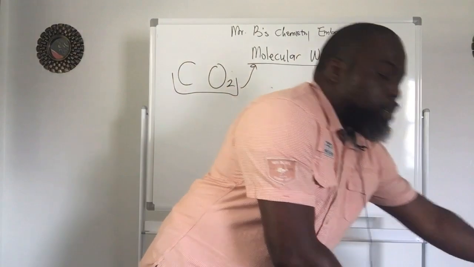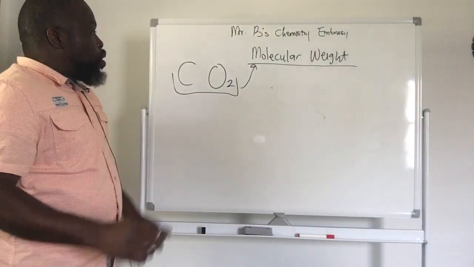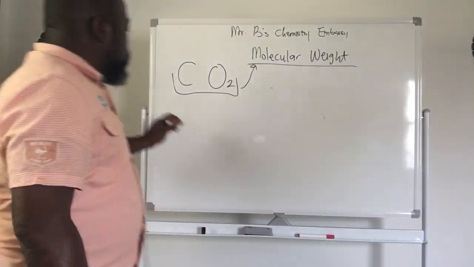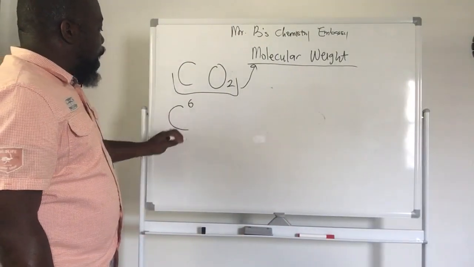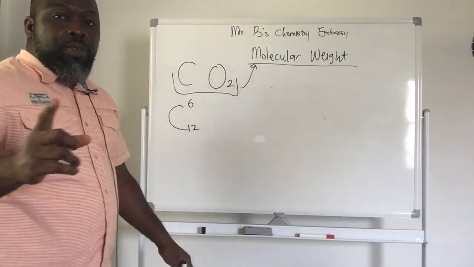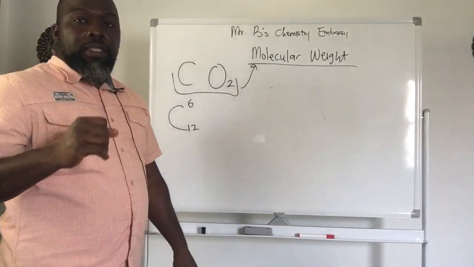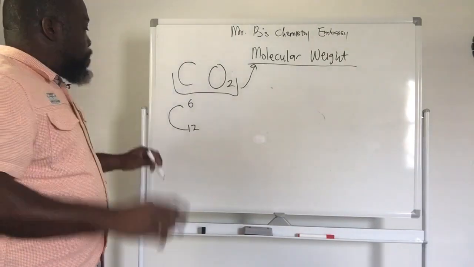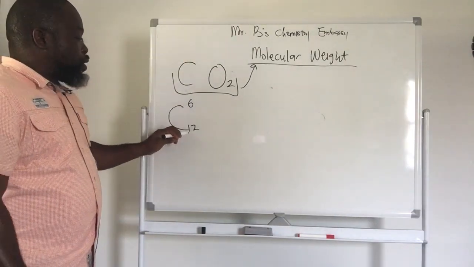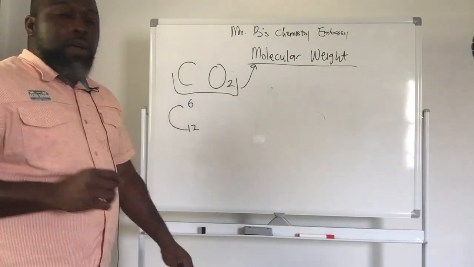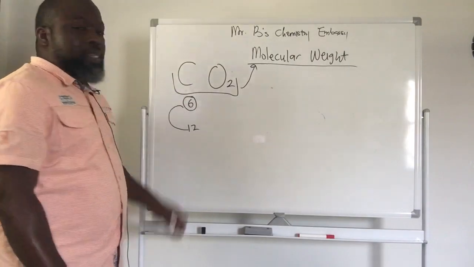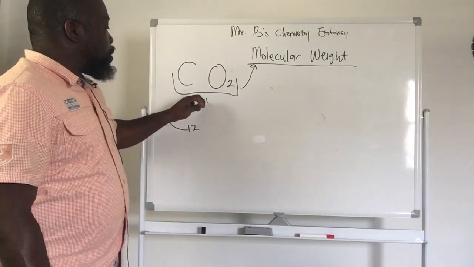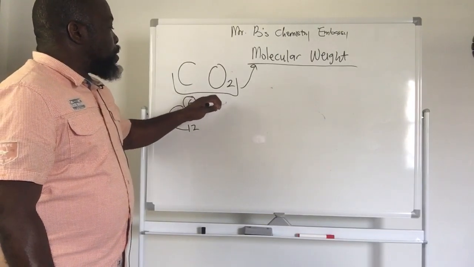If I look at my periodic table, I'll see that carbon has two numbers. One of the numbers is 6 and the other number is 12. Pay very good attention. This is very important so that you don't make mistakes. Can anybody tell me what number represents 6? If anybody says atomic number, that is very correct.